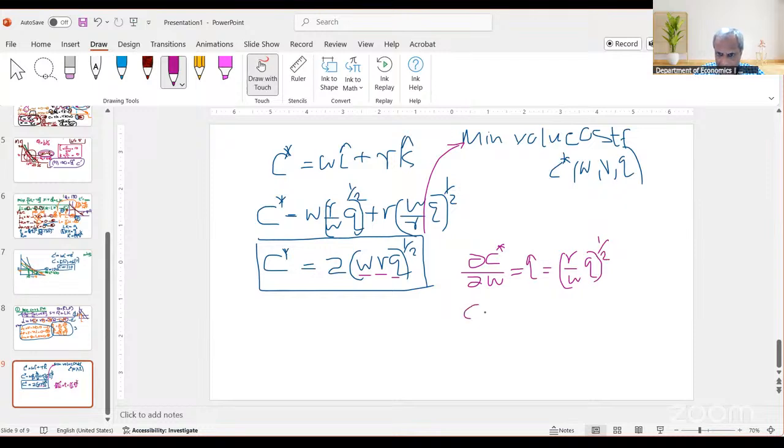Similarly, when you differentiate this minimum value cost function with respect to R, you get K hat, which means when you differentiate this one with R, you get the value W, R. You have to differentiate and see the power 2.